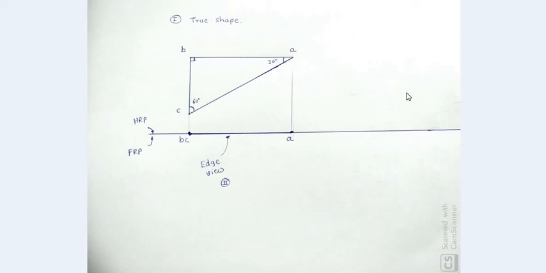Okay, but you have to remember that here BC we are keeping in FRP in terms of point view. That's why in front view BC will exist in true length, and anyhow we will be projecting points B and C in true length, and this would be one side of the triangle, and the other sides of the triangle will also be of the same length as BC.